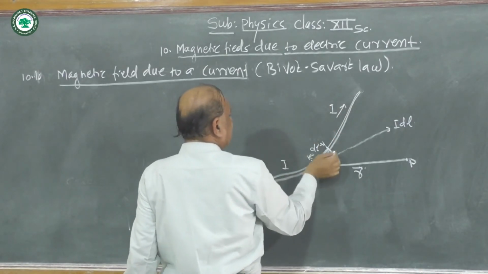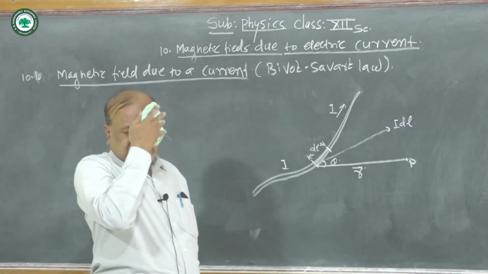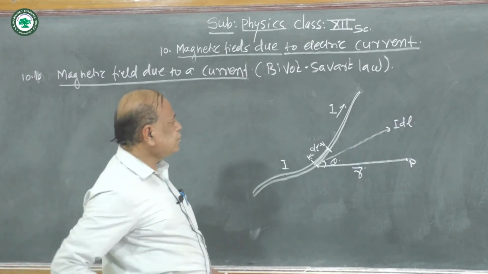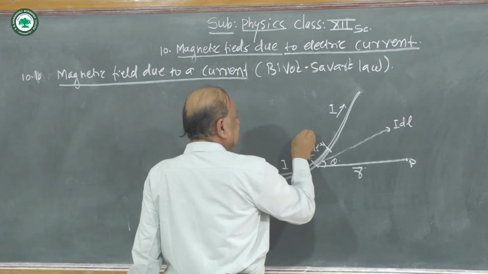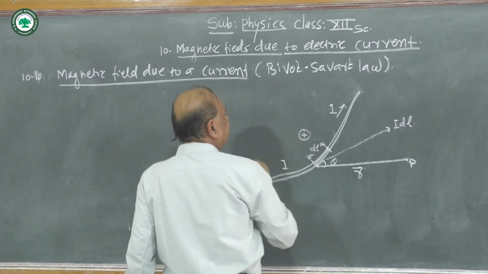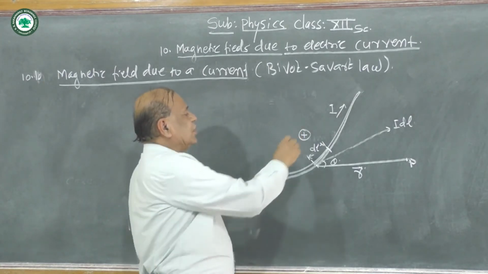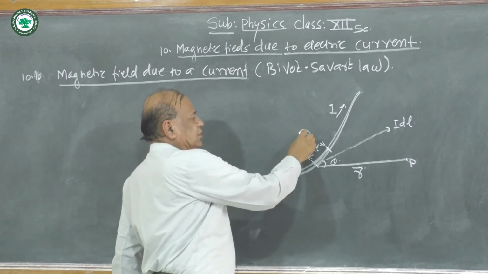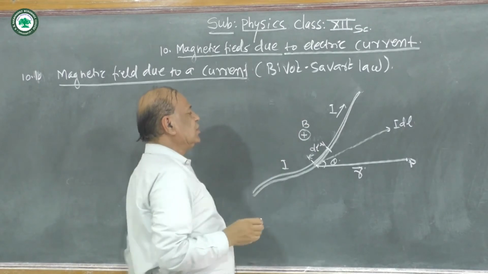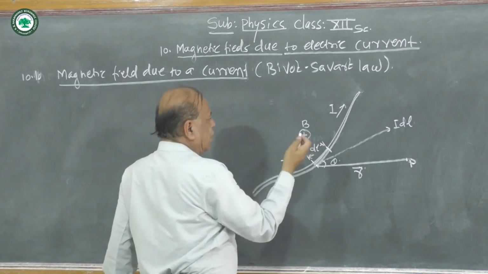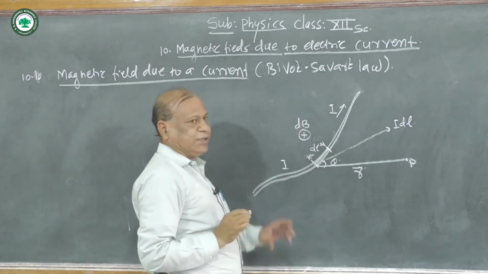Now when current flows through this wire, the magnetic field B is produced, which is in an outward direction. This symbol denotes that the magnetic field is in an outward direction. For this small element, that field will be dB.